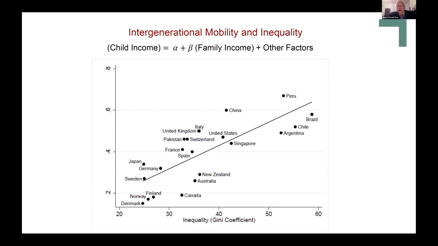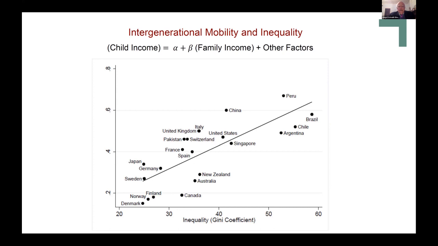And so the thrust of this whole graph is basically that the more unequal the country is, measured by family income inequality, the more immobility there is. And the countries plotted, South American countries like Peru, Brazil, Chile, are very high, both in terms of inequality and immobility.